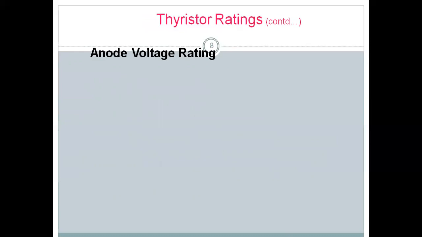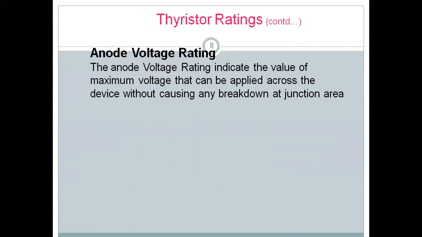Anode voltage rating. The anode voltage rating indicates the value of maximum voltage that can be applied across the device without causing any breakdown at the junction area. An SCR is made up of 4 layers and 3 junctions.